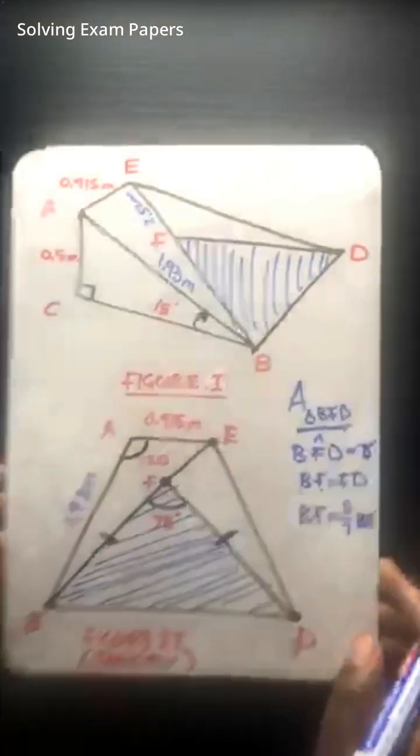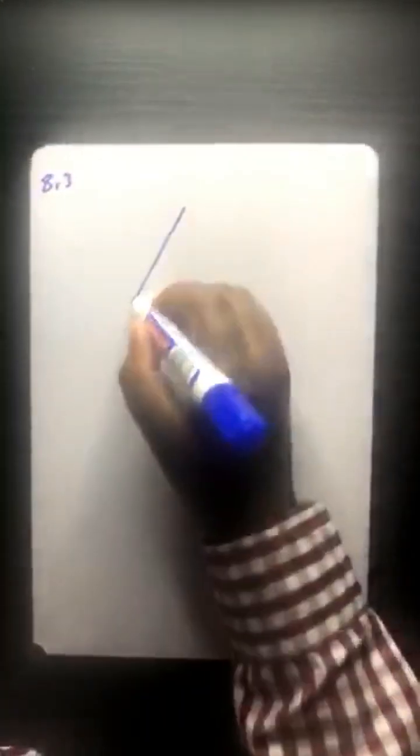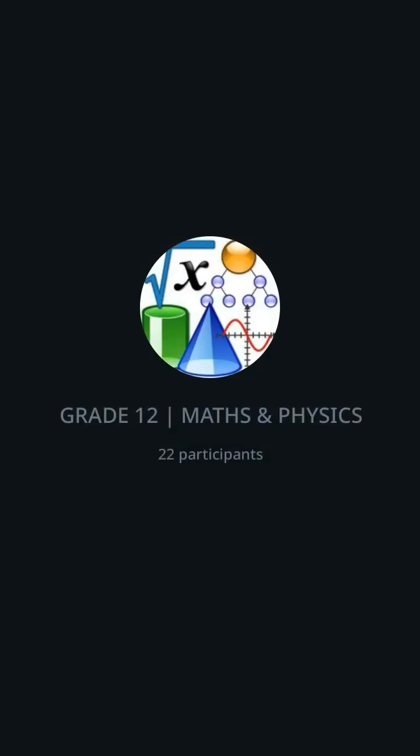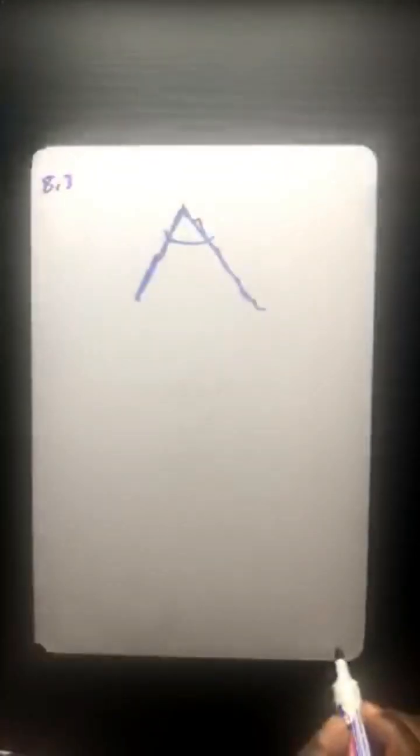And remember, with regards to the area rule, I think it also follows the sine rule. That means you might need the side and an included angle, or the angle in between. You just need to remember the formula for the area rule.